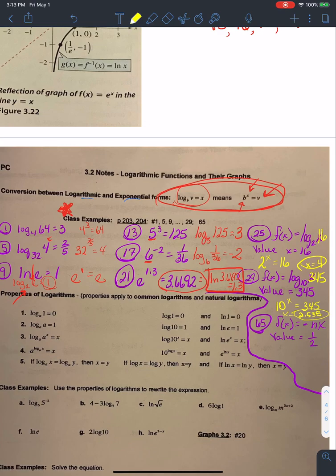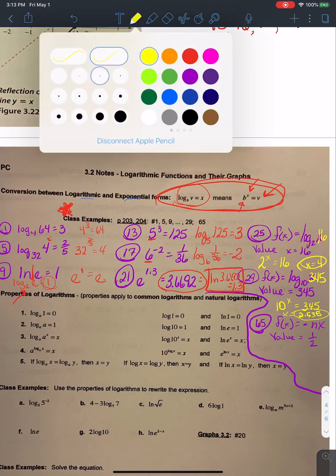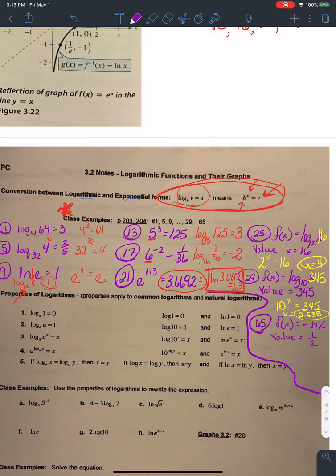Now looking at number 65. For number 65, they're giving us the same concept. I accidentally deleted my L when I was erasing above, so I have a negative ln of x, and they want me to plug in a value of 1/2.